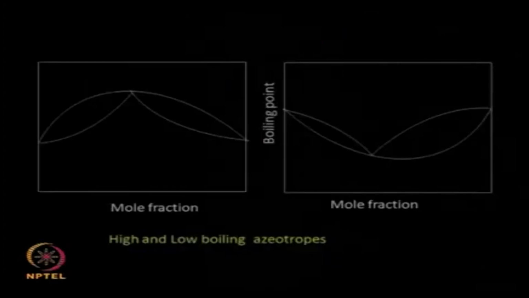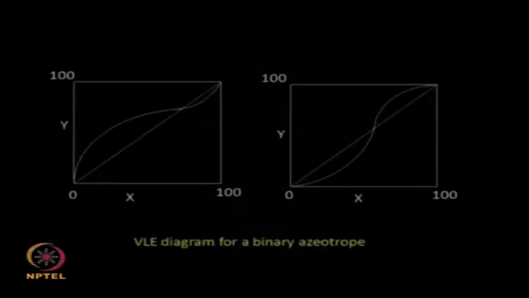So there are pervaporation membranes which we talked about long time back, where we can use that type of membranes for breaking azeotropic situations. So how do azeotropes look in a VLE diagram, the vapor liquid equilibrium diagram? So the azeotropes will look like that, X and Y. So instead of the graph going all the time above the x equal to y line or all the time below the x equal to y line, it will just cut at some point. Okay.